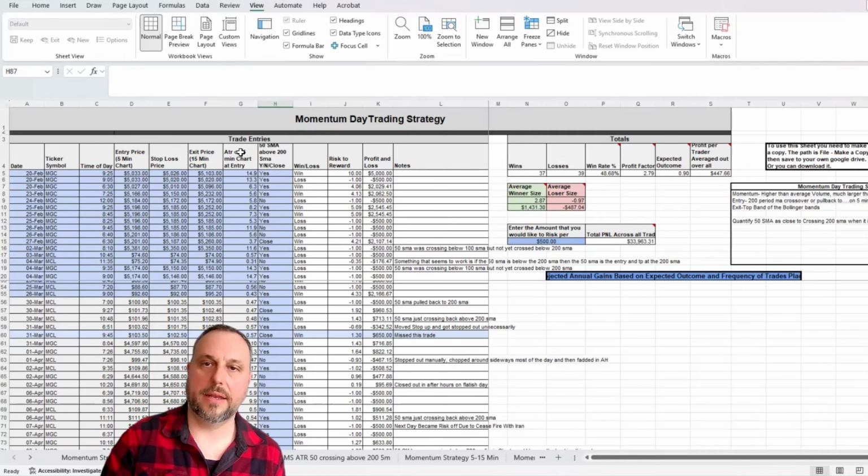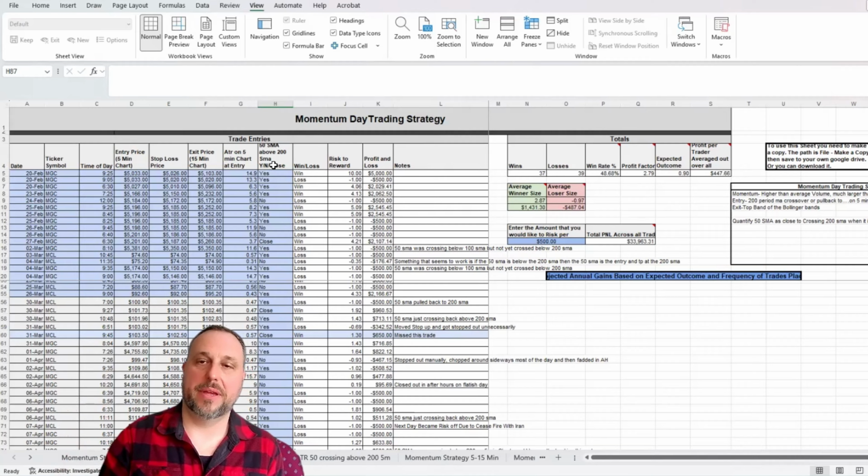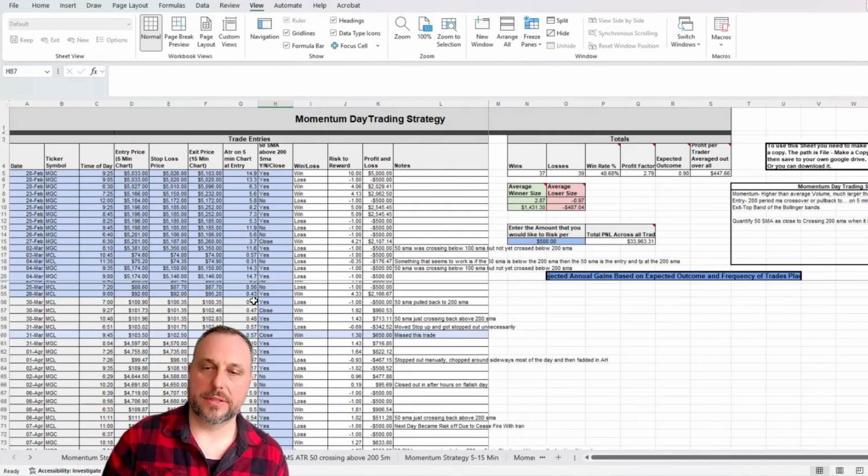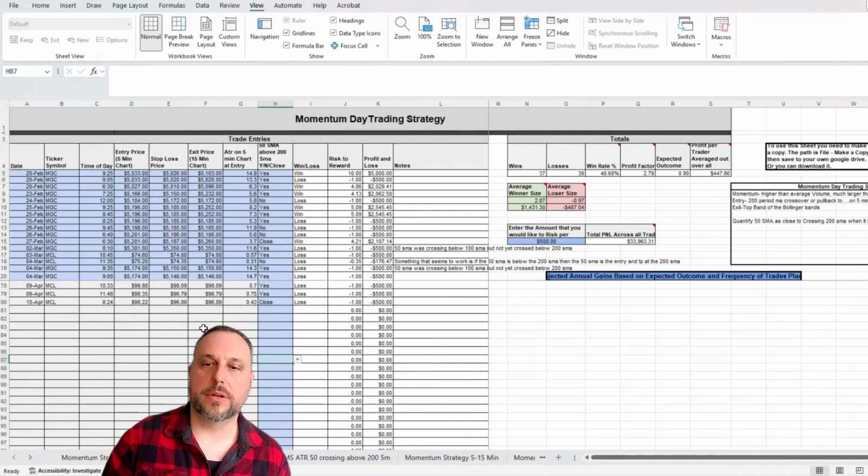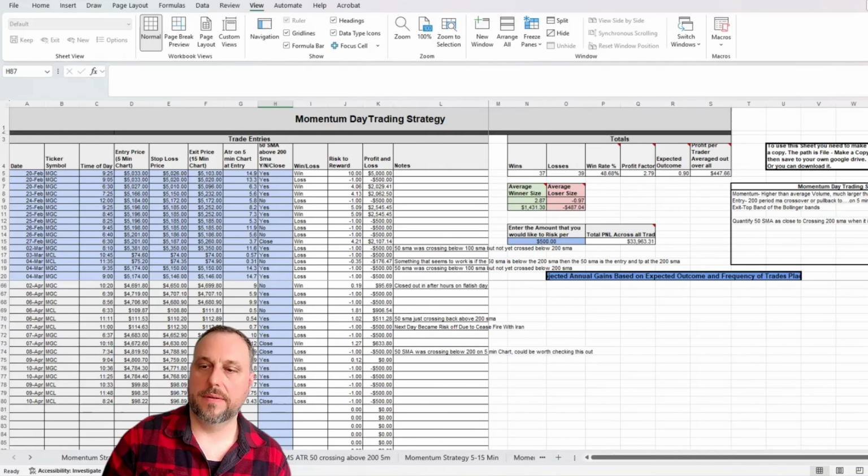You can see I added the ATR and I added the 50 SMA either above the 200 SMA, not above, or close to it, kind of like above the 100 SMA and approaching within 1%, is it getting ready to cross is kind of the mentality there. So I tracked all these so that you can see.